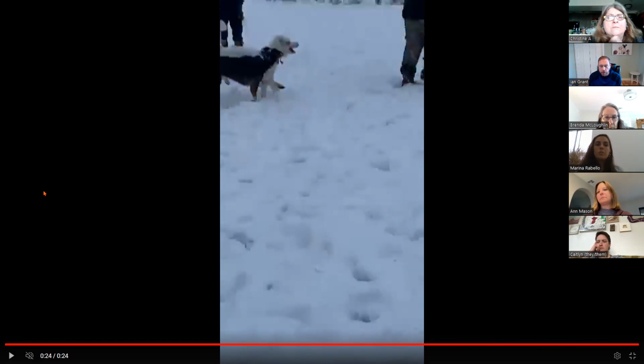And the other part of it too is, even though dogs are technically scientifically classified as predators, it doesn't mean that they can't have a prey state of mind. Obviously this dog's not getting chewed on, and I would like to think that it doesn't think that it's going to die, but the dog wants to get away, clearly.